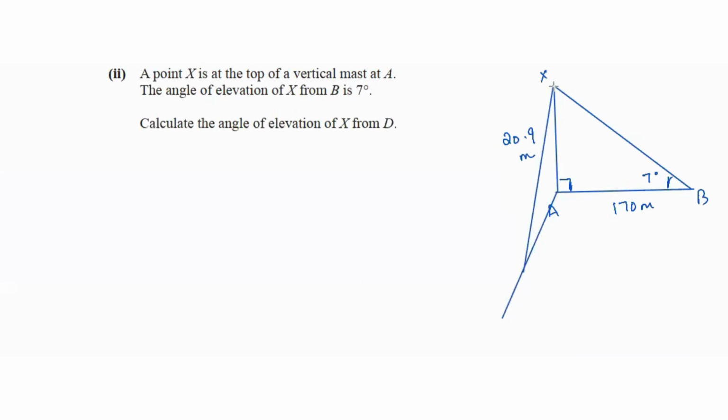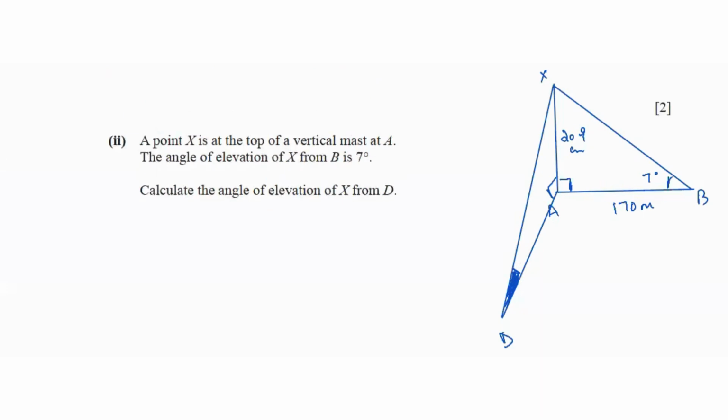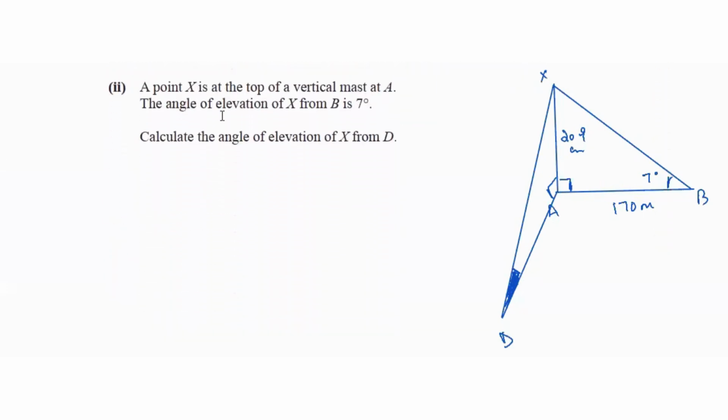And if we connect this point over here from X to D, this is another 90-degree angle over here. This is 20.9. And they want us to calculate this angle. We already found the distance of AD, which was 86.1.